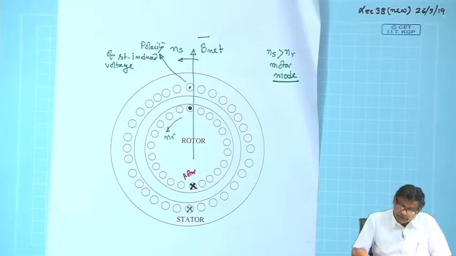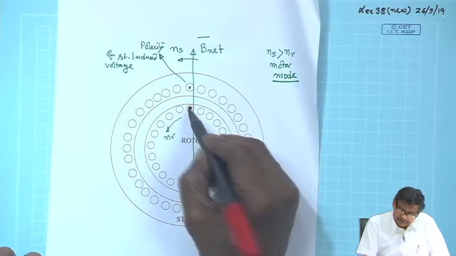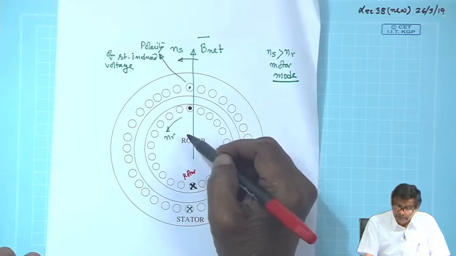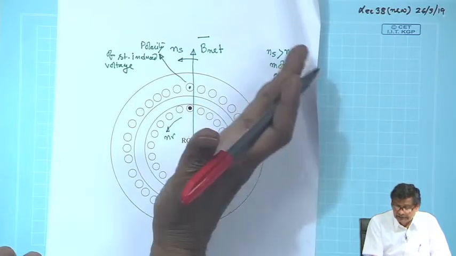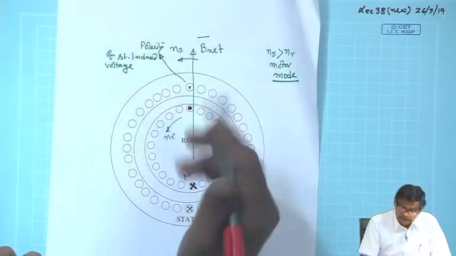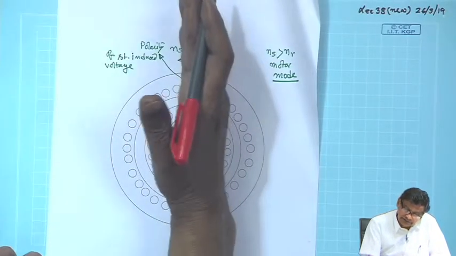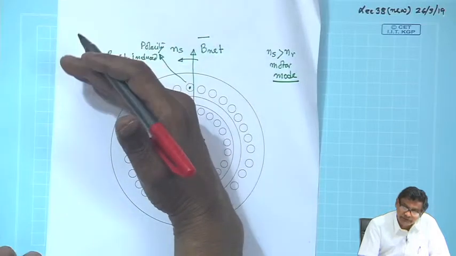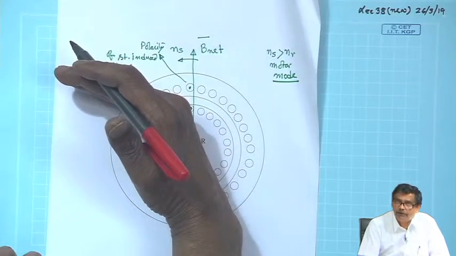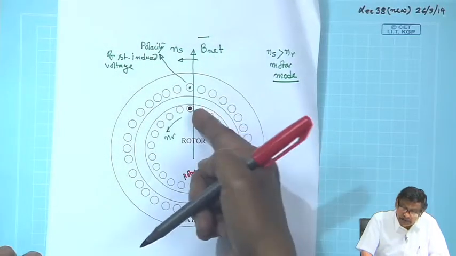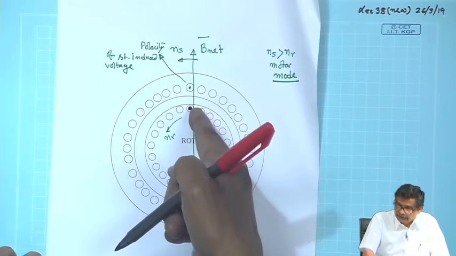I know this much: at this instant, this is the maximum induced voltage, and the field is moving like this. Therefore, this conductor will have maximum current when this field has moved a little bit here, depending upon the power factor angle.